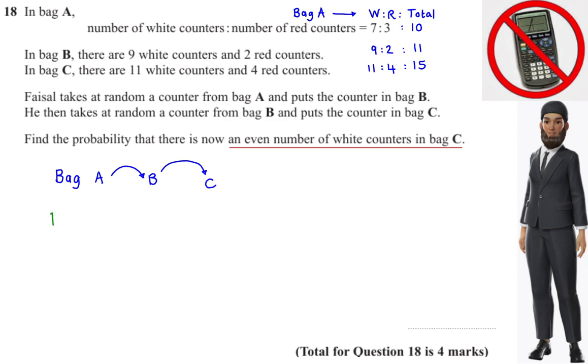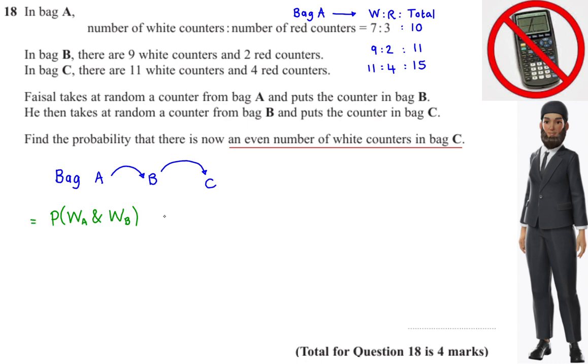So the probability of, let's assume we take a white. So we take a white from bag A. And then afterwards, from bag B to bag C, we have to take a white. It's got to be a white from bag B into bag C, and that could fulfill our requirement.